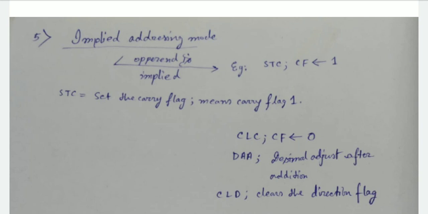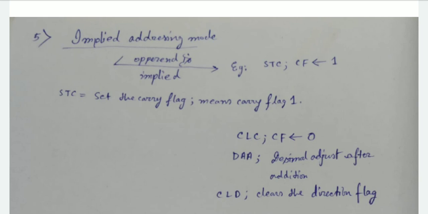Here the operand is implied. That means there are some instructions in the 8086 microprocessor which can operate only on a particular operand. They are made for only a particular operation.